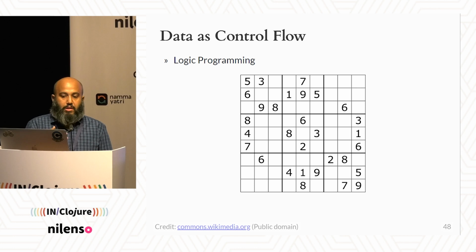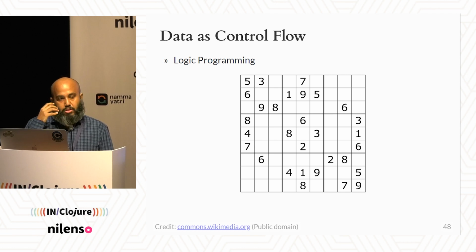Another example of data as control flow is logic programming, for example, solving a Sudoku puzzle, right? If you have a logic program which can solve a Sudoku puzzle, the puzzle itself is represented as data, like an array of arrays.